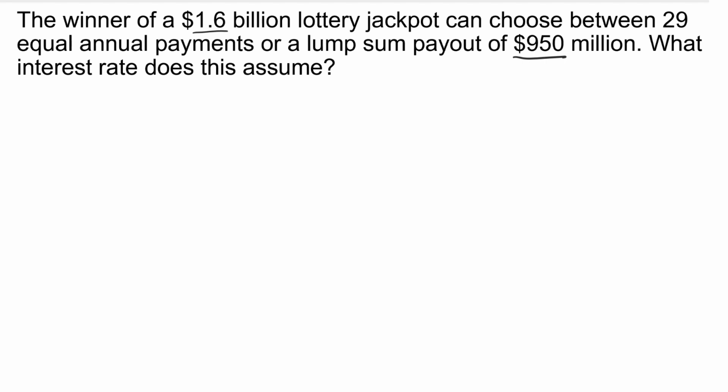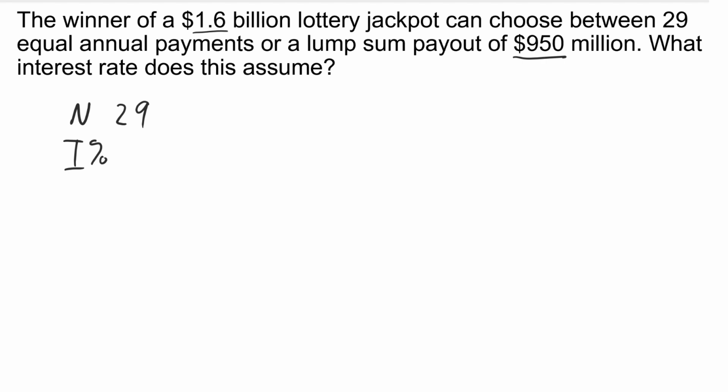So we'll just go through what we would type into the TVM solver. So N, that's going to be the number of payments. In this case, that is 29. There's 29 equal annual payments. Our interest rate, I%, that's what we're looking for, so we don't know what that is.